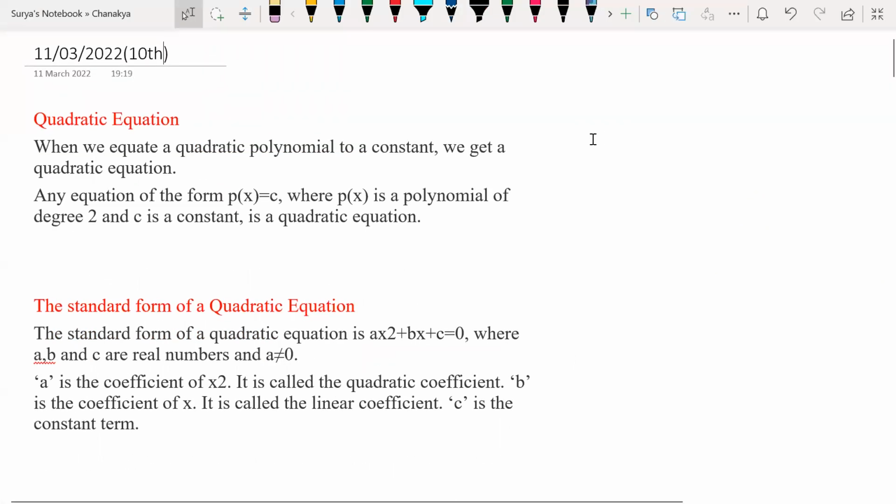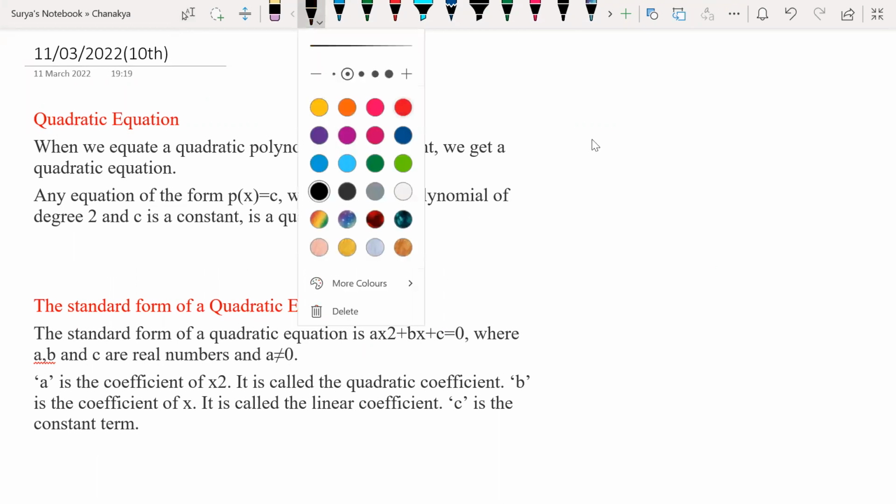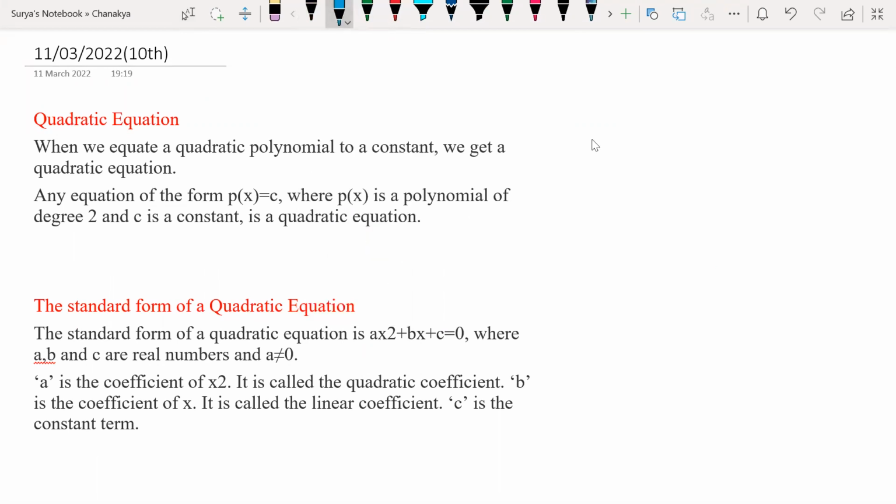So first of all, let me revise what we did yesterday in the last class. We just started with the quadratic equation. A quadratic equation is nothing but we equate a quadratic polynomial with a constant, and it will have degree 2.